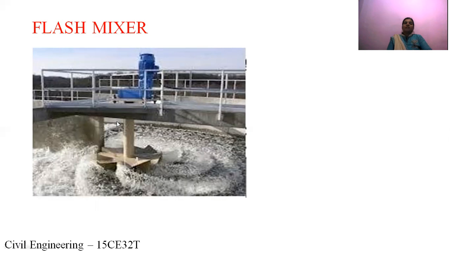From the inlet channel, water comes, and when the electric motor starts, it goes on revolving at a high speed, and this is how the mixing is done in the flash mixer.